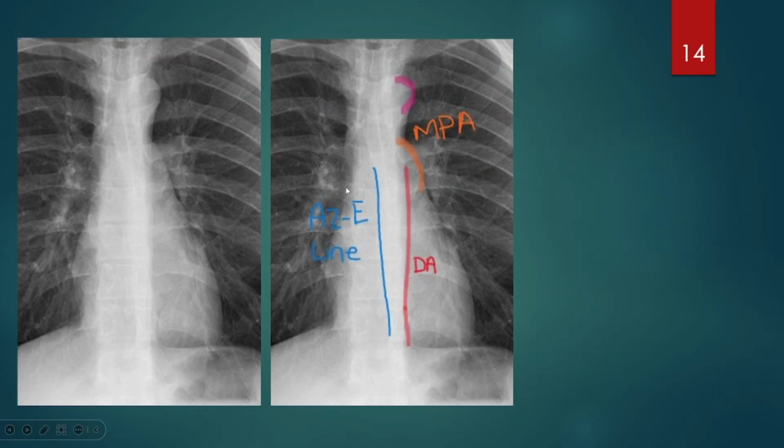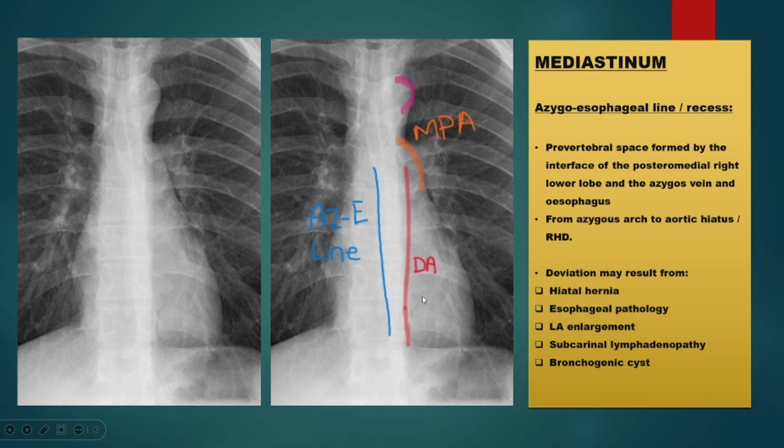Then one important line is the azygoesophageal line, extending from the azygous venous arch and inferiorly down to the aortic hiatus. This is delineated by the right lower posteromedial lung segments and esophagus as well as the azygous vein.